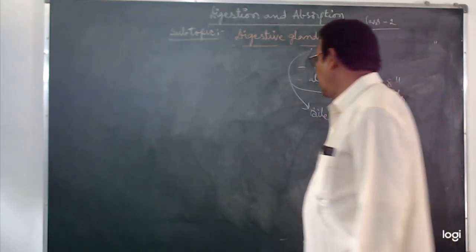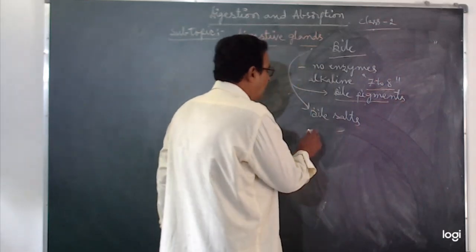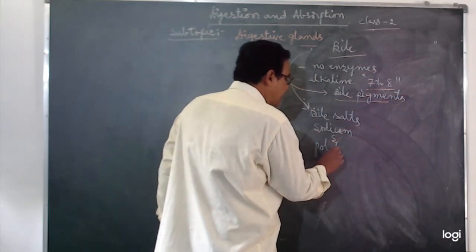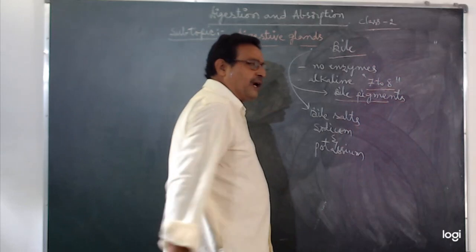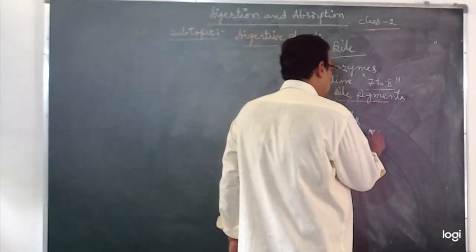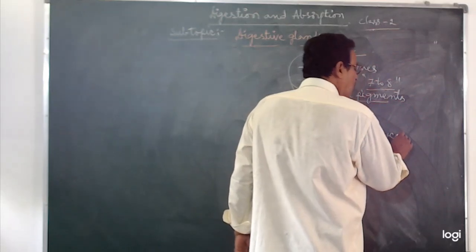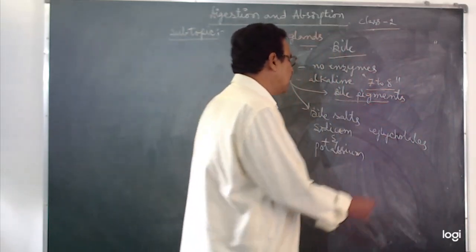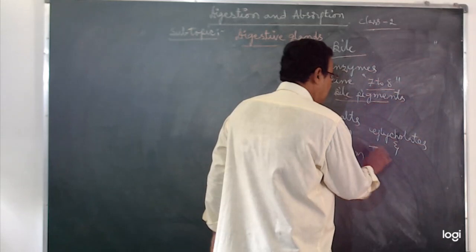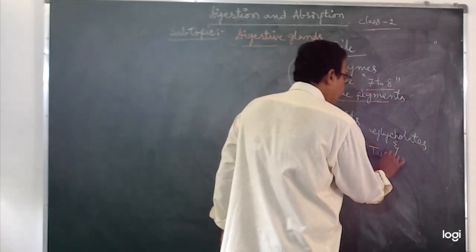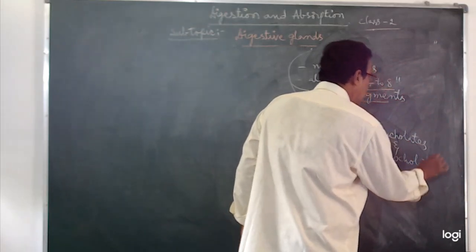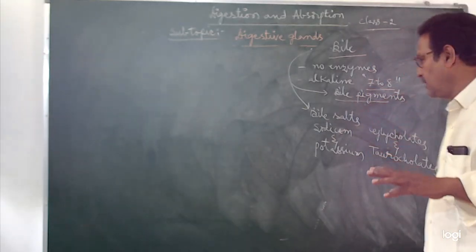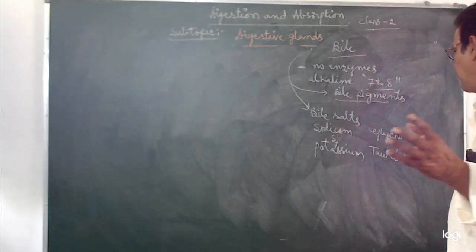Bile salts, there are two types of bile salts, sodium and potassium glycolates and taurocholates. Sodium taurocholate, sodium glycolate, potassium taurocholate as well as potassium glycolate.